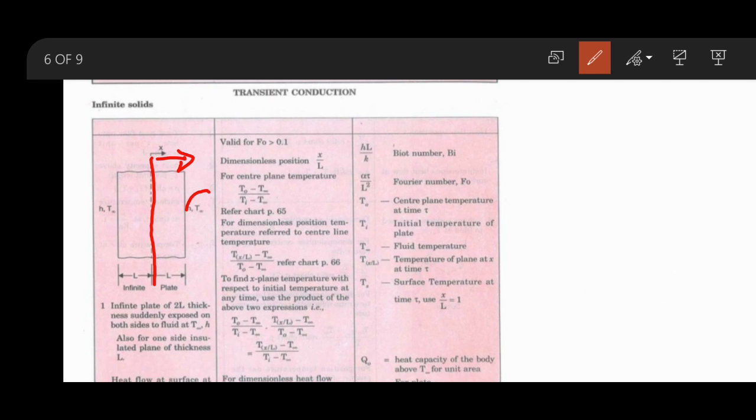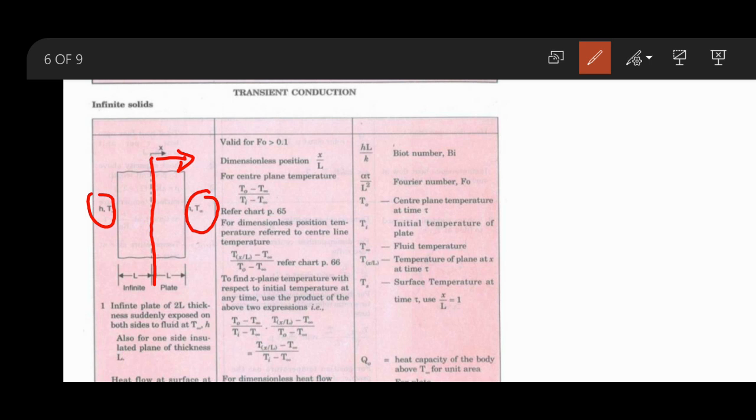On either side the surface is covered with a fluid which is at T infinity temperature. Instead of Ta, here they are using the notation T infinity, and it has a heat transfer coefficient h.